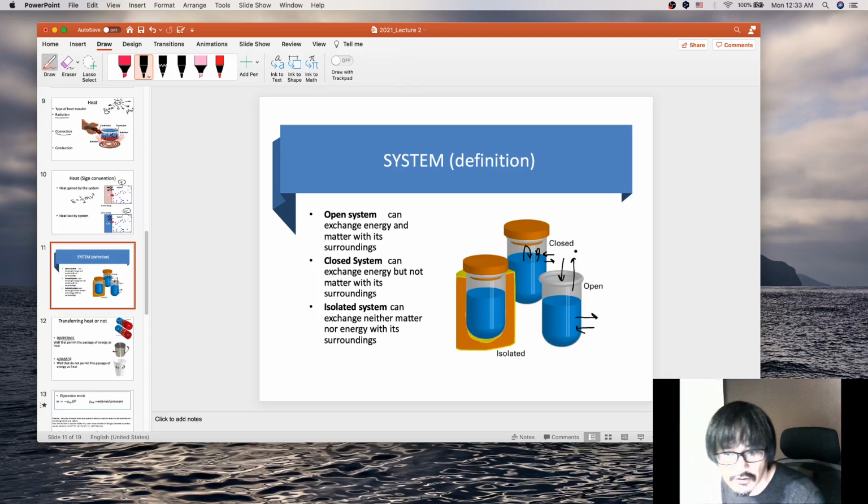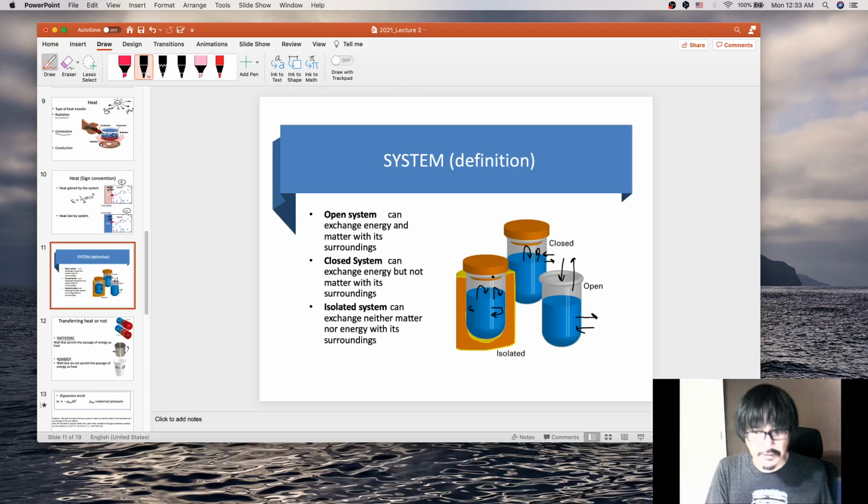Those are closed systems. And then in an isolated system, the molecules cannot go in and out, and the energy also cannot go in and out. Those are isolated systems.